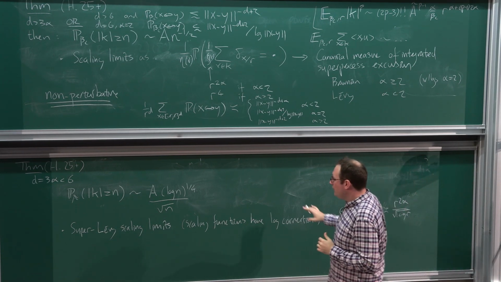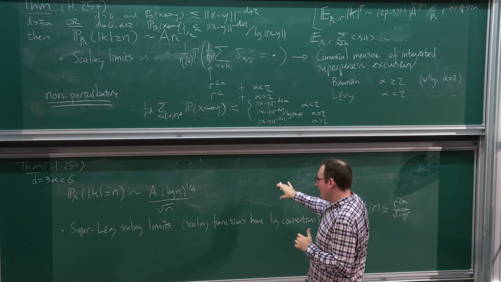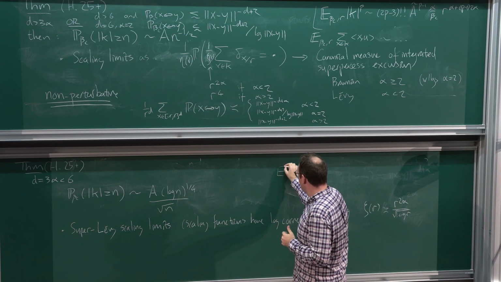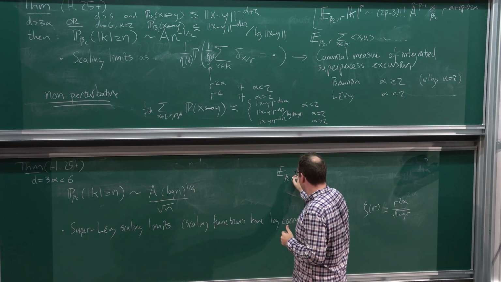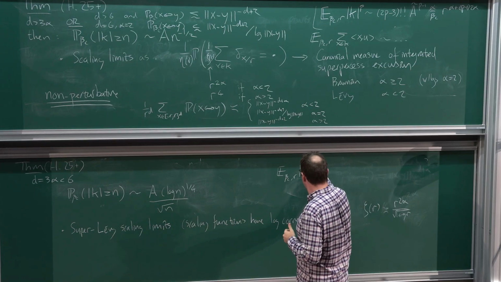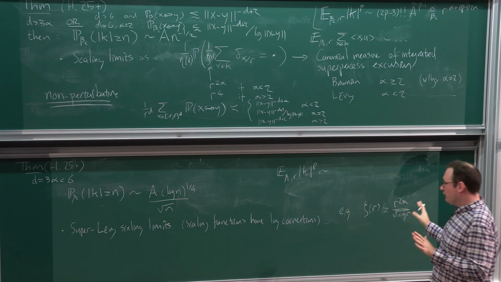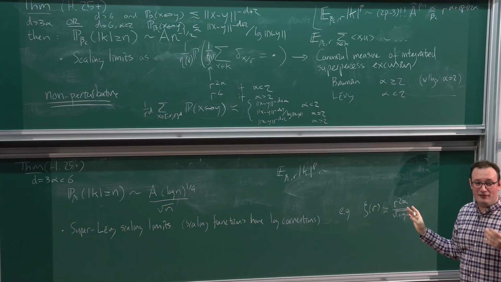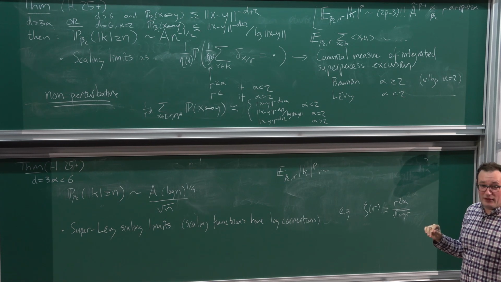So when you do a similar analysis in the case of the critical dimension and you look at the pth moment, the formula I'm about to write down holds both at and above the critical dimension.